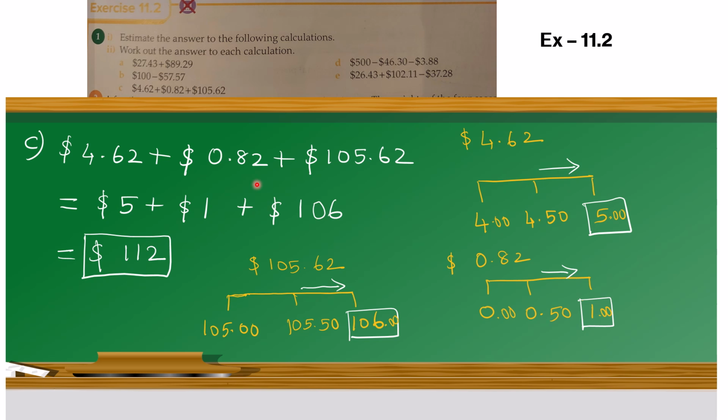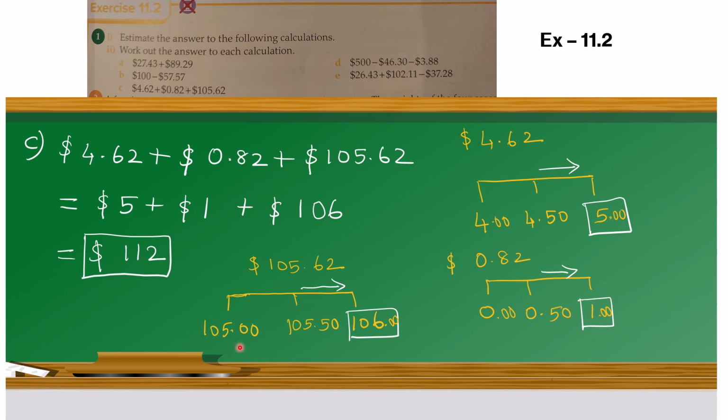What is our next number? That is 0.82. So let's use the number line again. 0.00, 0.50 and 1.00. Now 0.82, it's more than the middle number. So we have to take 1. So that is $1. Last number is $105.62. Let's use the number line again.